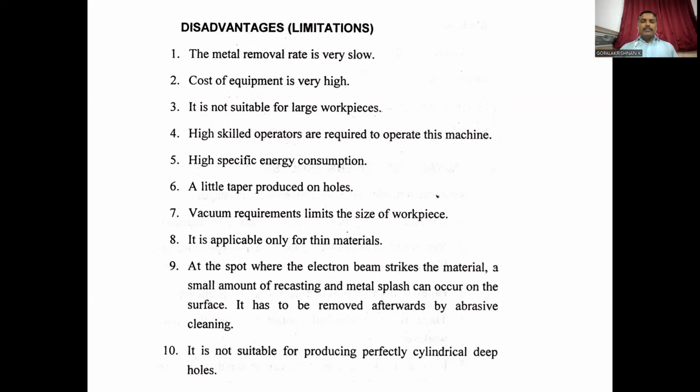It is applicable only for thin materials. At the spot where the electron beam strikes the material, a small amount of recasting and metal splash can occur on the surface of the metal, so it has to be removed afterwards by abrasive cleaning. It is not suitable for producing perfectly cylindrical deep holes.